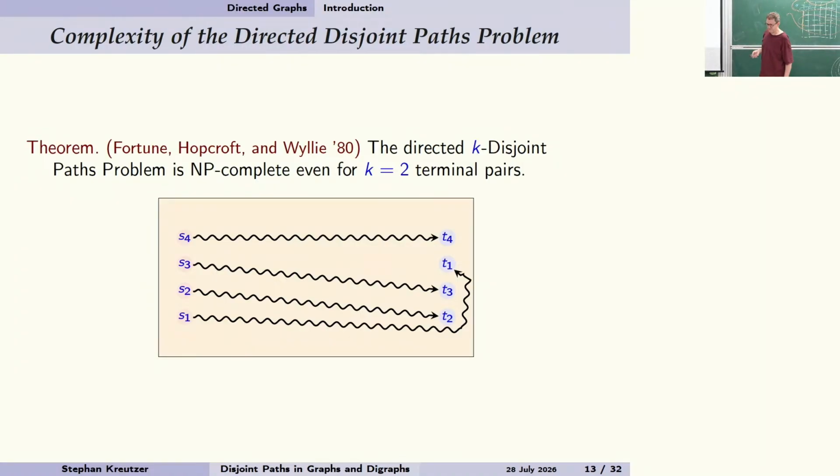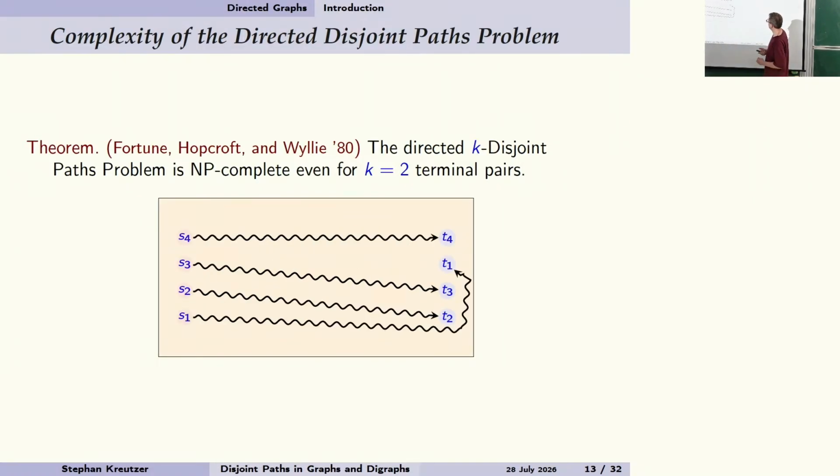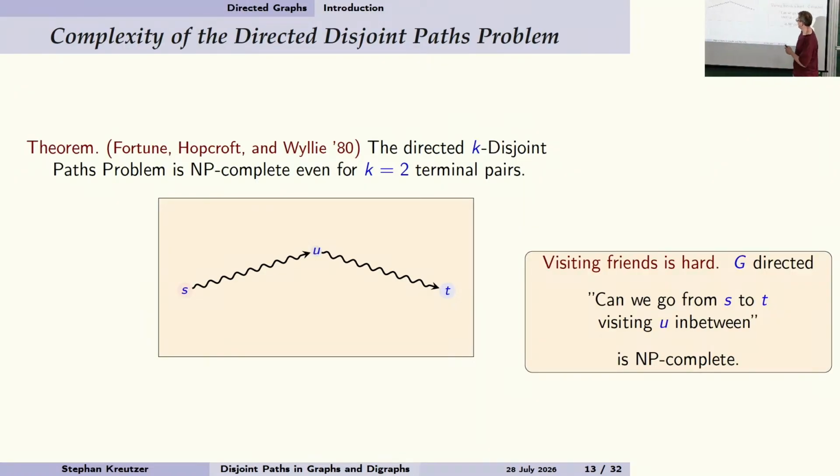So let's look at the first and simplest case. Sorry, this is important, I forgot. The NP-hardness for routing 2 terminal pairs immediately implies that the following problem is also NP-hard. You want to start at the vertex S and go to T, and in the middle you want to visit some vertex u.